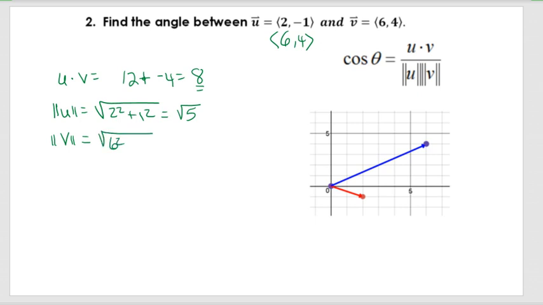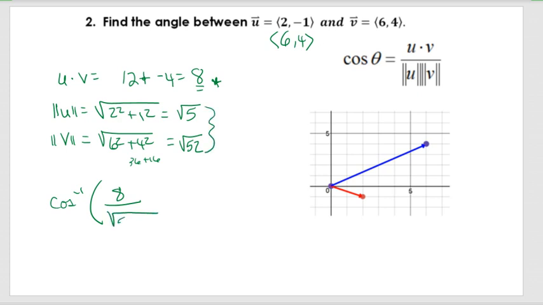The magnitude of v is going to be 6 squared plus 4 squared, which is 36 plus 16, 52, square root 52, I believe. I'm double checking real quick. 36, 16, 40, 52. There we go. So I'm going to do cosine inverse of 8, which is the dot product, and then over these two.